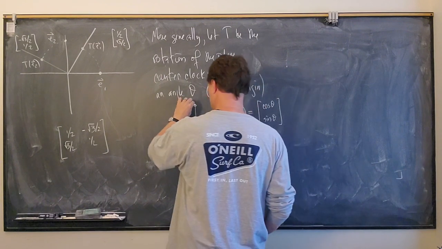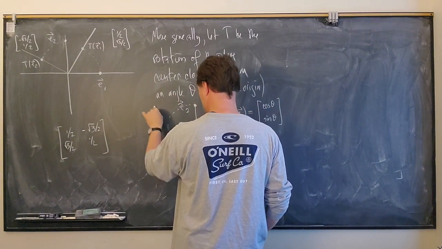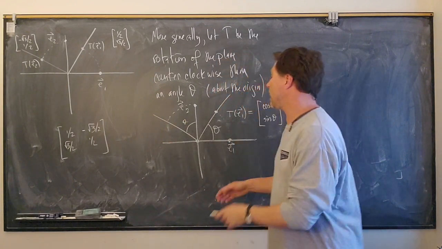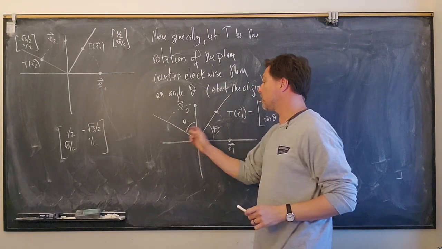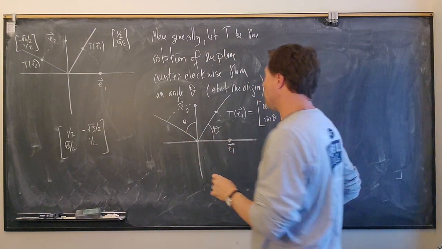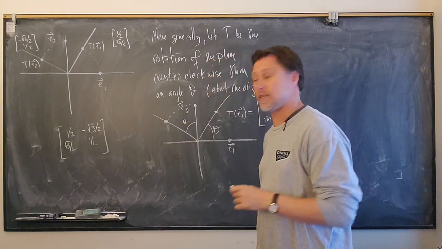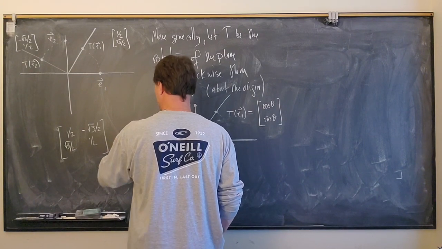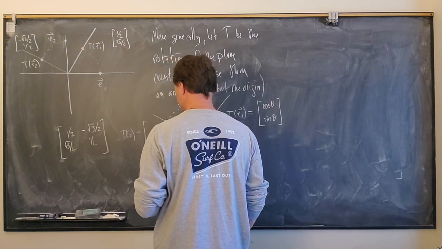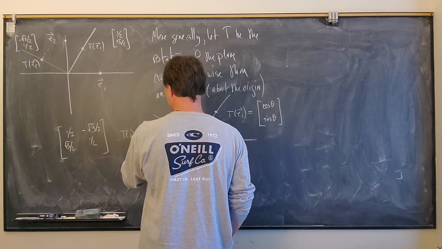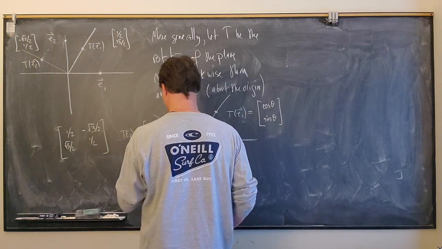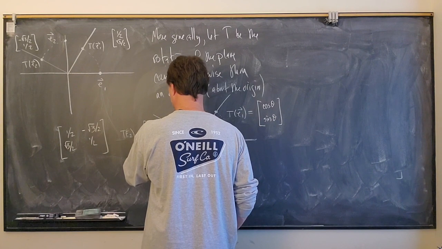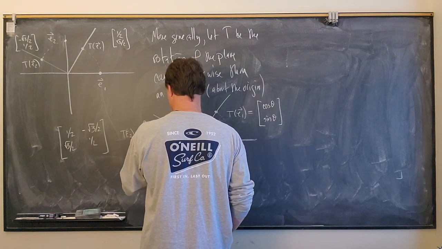Also E2, so let's see. If that's an angle of theta right there, then measured from the positive x-axis, this is going to be pi over 2 plus theta. So T of E2 will be sitting right there, and officially it's cosine of theta plus pi over 2, and sine of theta plus pi over 2.